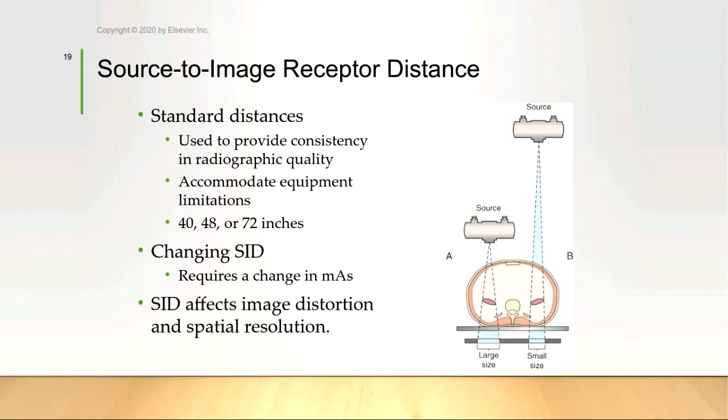And if a 40-inch SID couldn't be used, you could again go to 56 inches and double your mAs value. They just give you that as a quick method to calculate the changes in mAs in order to produce a sufficient IR exposure. So if you can't get to 72, you could go to 56 and cut your mAs in half. And if you couldn't use 40, again, you could go to 56 and you could double your mAs value.